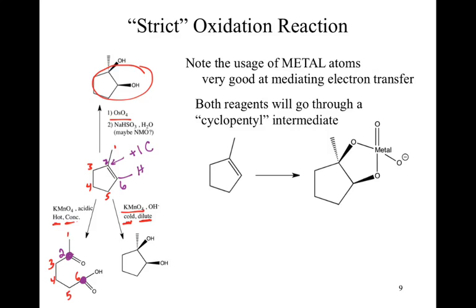Okay? What you're going to be responsible for recognizing is that under hot, concentrated permanganate conditions, you will fully oxidize your alkene. So you will convert any multiple bond into a bond with oxygen. If we have just 2 bonds, then it turns into 2 bonds to a single oxygen.